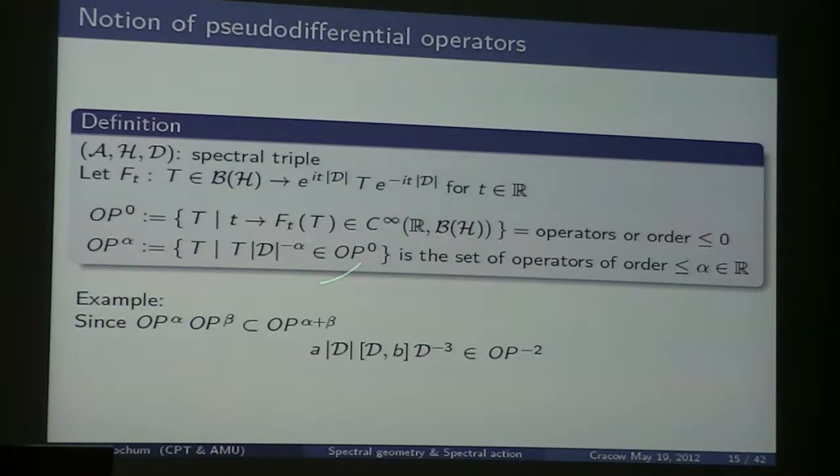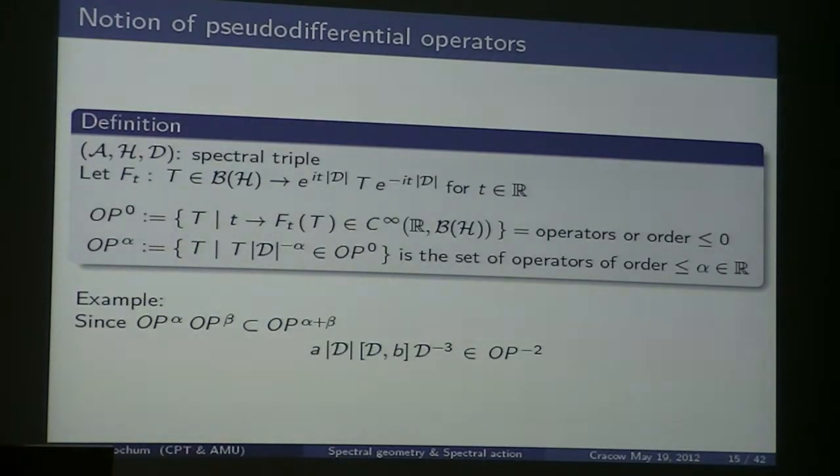So, when you have a spectral triple, since you want to mimic also what I said before, namely the kind of smoothness you can define and what the Sobolev scales and so on, what the pseudo-differential operators are, since you have only an algebra, a Hilbert space and D. So you define this map on bounded operators associated to the absolute value of D, and you will declare that T is an operator of order less than or equal to 0 if this map is smooth enough.